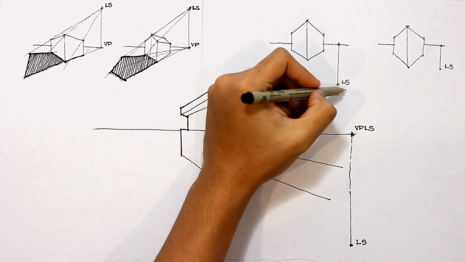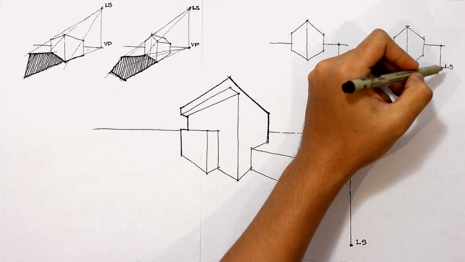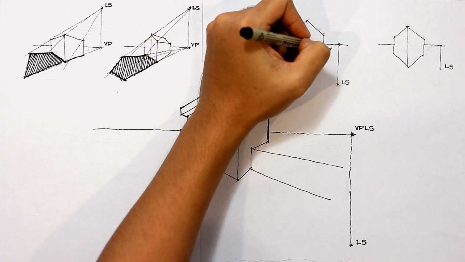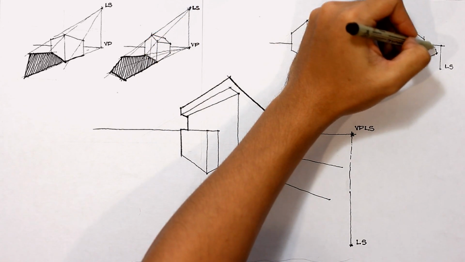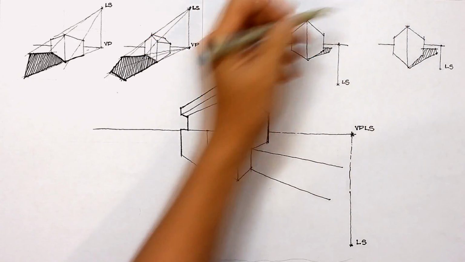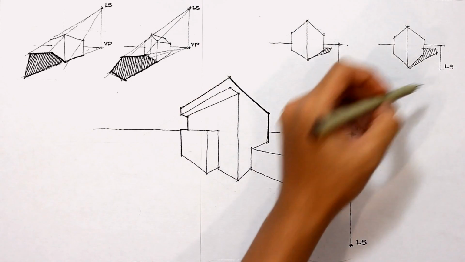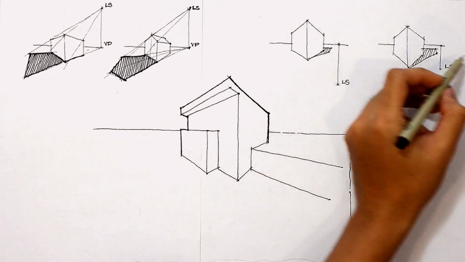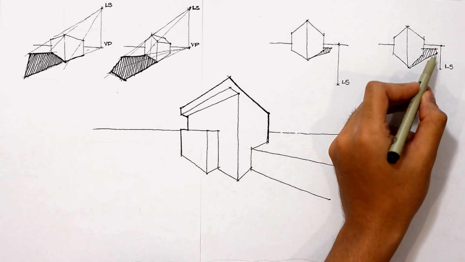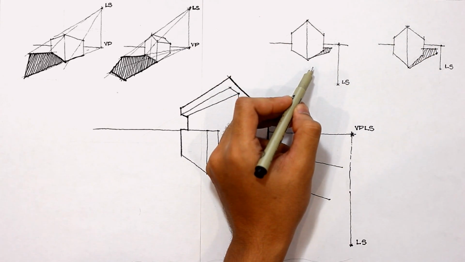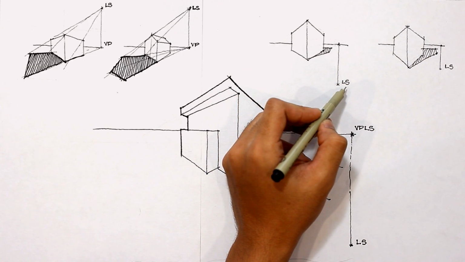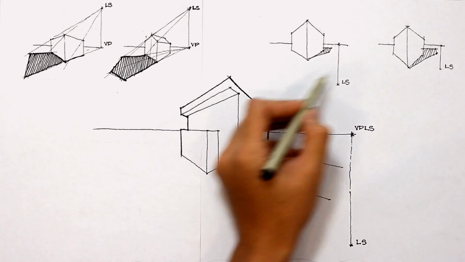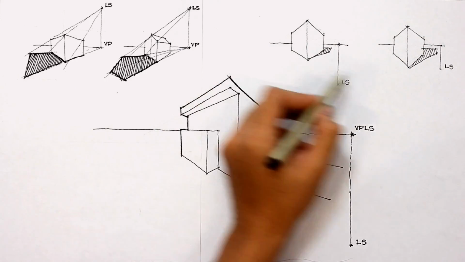The distance of the light source from the horizon line will dictate the length of your shadow. The closer the light source is to the horizon line, the longer your shadow will be. And the position of your light source will identify the direction of your shadow.